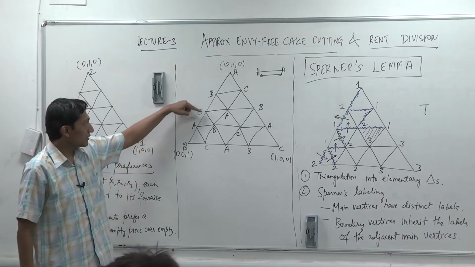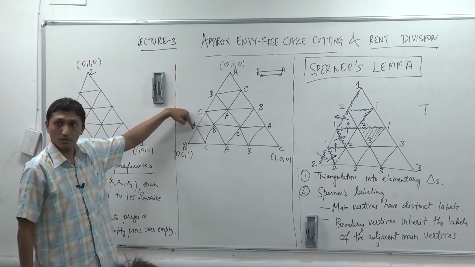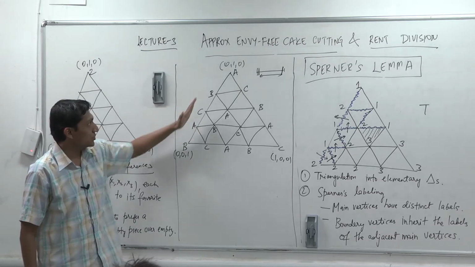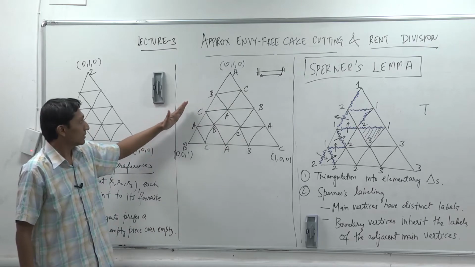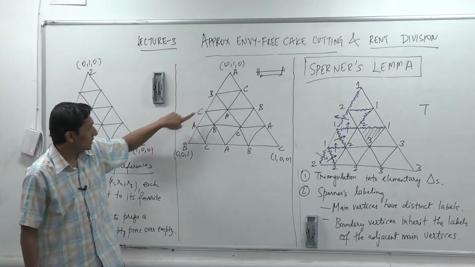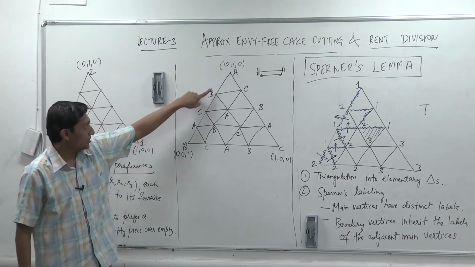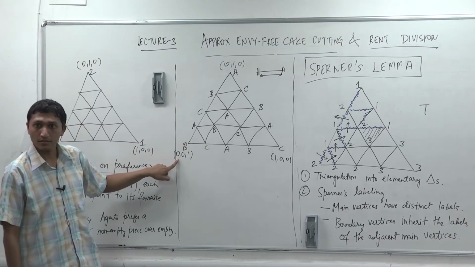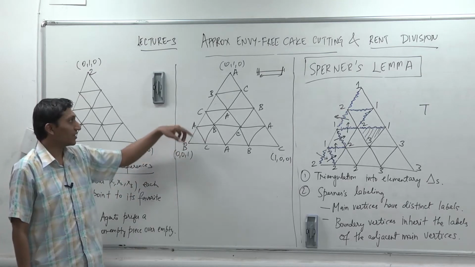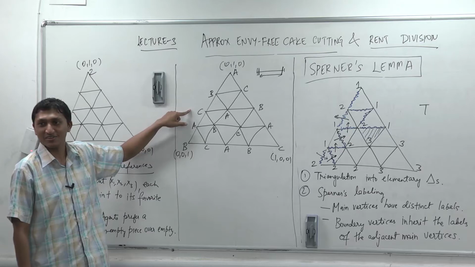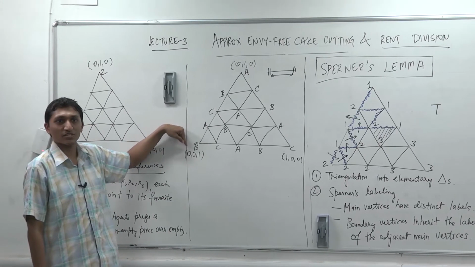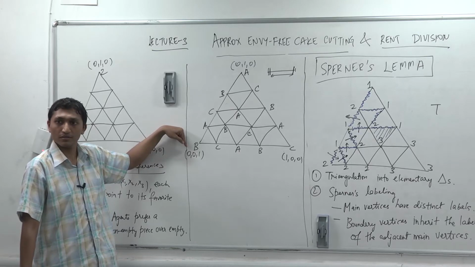What about these points here? What do we know about the cuts on this edge? Note that for any of the points on this edge, the first coordinate is 0, meaning the first piece is 0, so whatever they answer, they're not going to answer 1. The answer is going to be either 2 or 3.